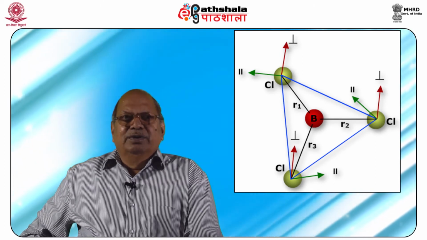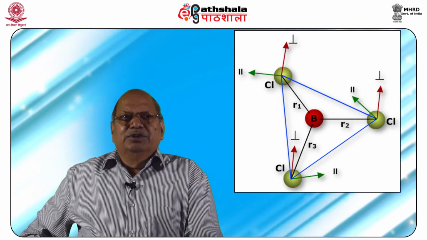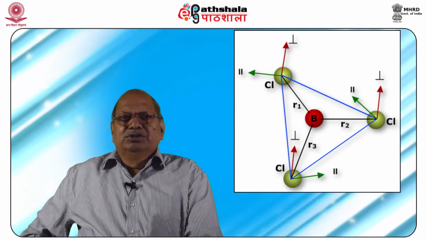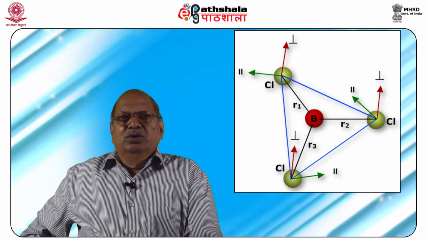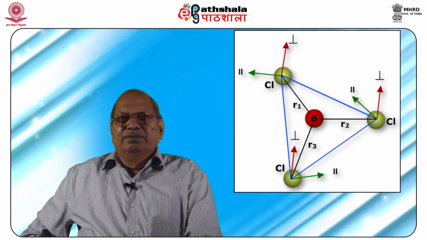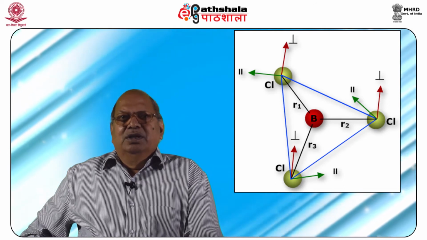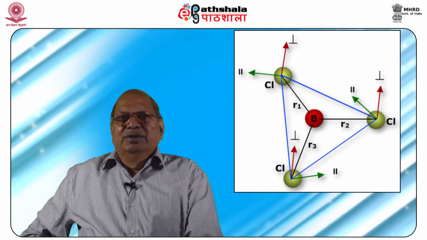As I told you earlier also, it is difficult to see the effect of symmetry operations on these 6 vectors on the boron atom. So vectors on the chlorines are considered, and these have been divided into 2 types, perpendicular and parallel pi bond vectors, and we will see now.